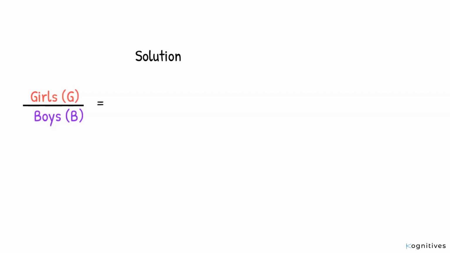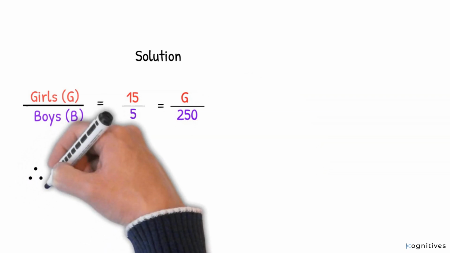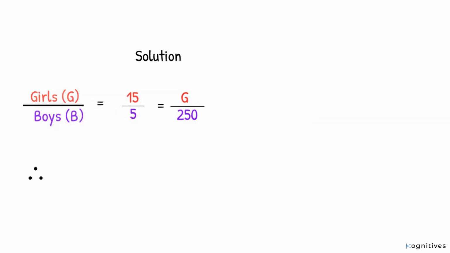So just in the same manner we have it for the numerator, that is for the girls, it will be, let's say, G for girls. Then for the boys, let's put 250, since there are 250 boys. So now we are comparing 15 over 5 against G over 250. How do we get the number of girls here?